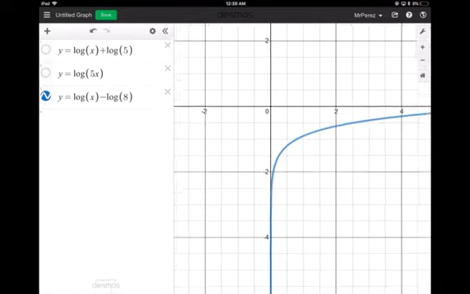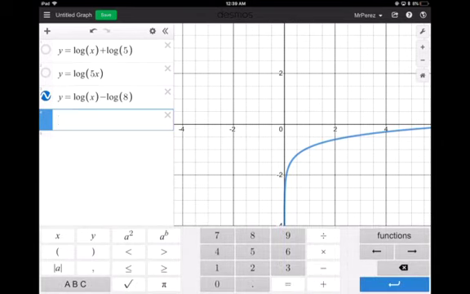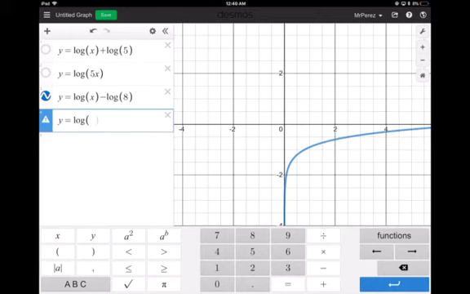Notice this is what I get for my graph. What happens if I write it using the properties, which is y is equal to log of x divided by 8? Notice that I get the same graph. Visually, I see that it's the same graph.